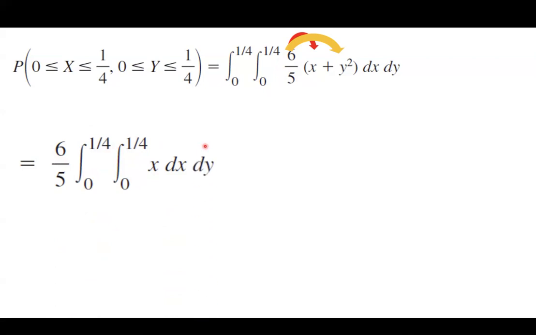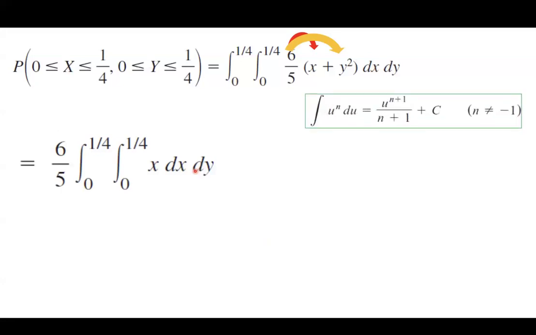The outer integral is with respect to y. To calculate this, we're going to use the integral of u to the n du, which is u to the n plus 1 divided by n plus 1, plus constant of integration. But please note that since you have a definite integral, the constant C disappears.